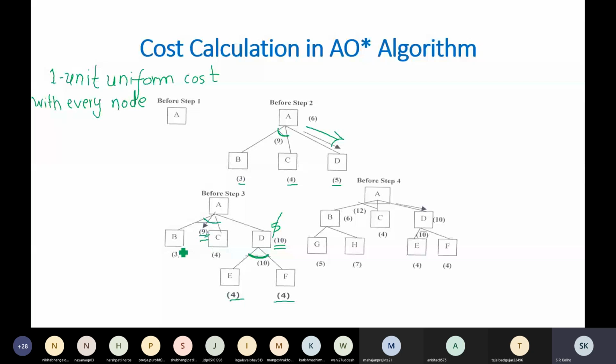So after applying successor on B, it has generated G and H. That has generated G with cost 5 and H with cost 7. And it is an OR type of arc out here. So what will happen?